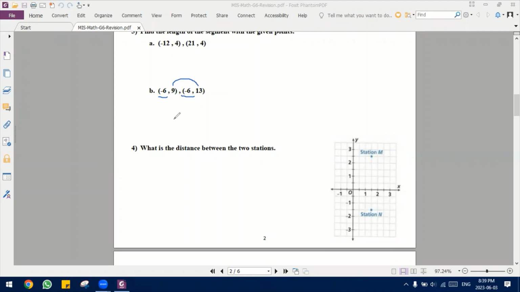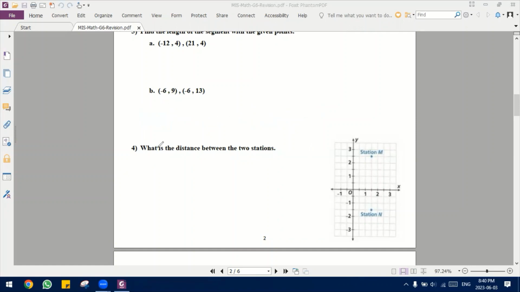Same quadrant means subtract. Since the distance should be positive, we put the bigger value first. 9 or 13 first? 13, because it's larger than 9. So I put 13 as an absolute value minus 9 as an absolute value. This gives me 13 minus 9, which is 4. Okay, this question is done.